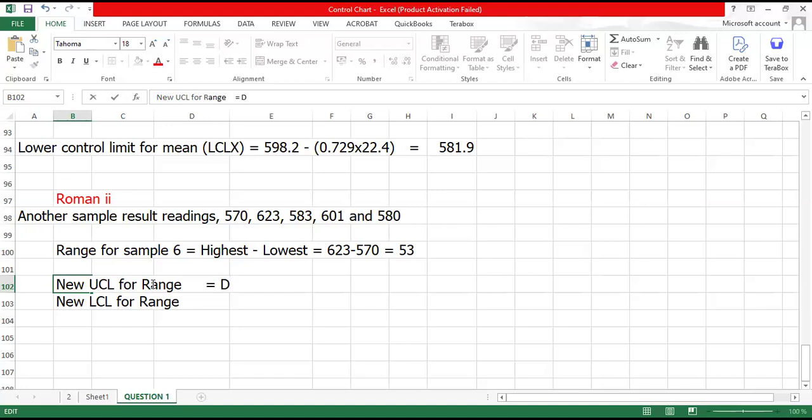Remember, the upper is D4 times the average range, D4 times R bar. And the lower is D3 times R bar.